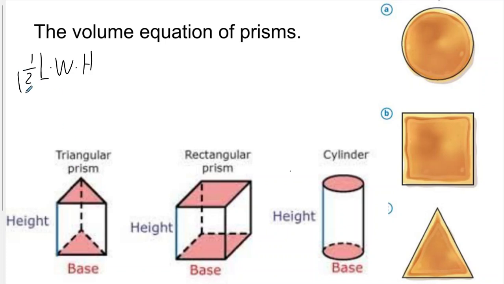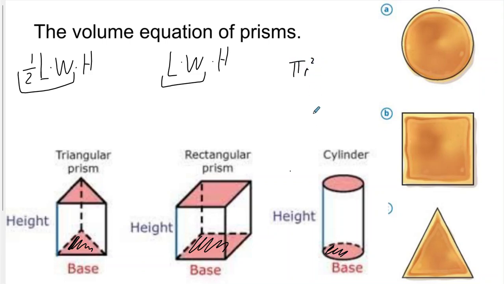So length times width, 1/2, that's the area of the base, times height. Area of a rectangular prism, I'm just going to go length times width, that's the area of my base, times height. And then the one we already did, area of a circle is pi r squared, and then the height times at the end gives me that volume.